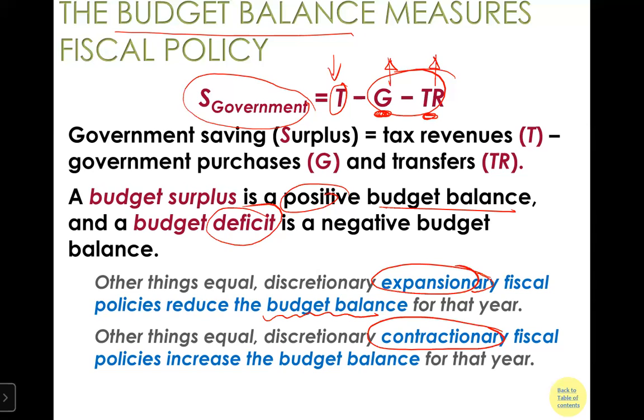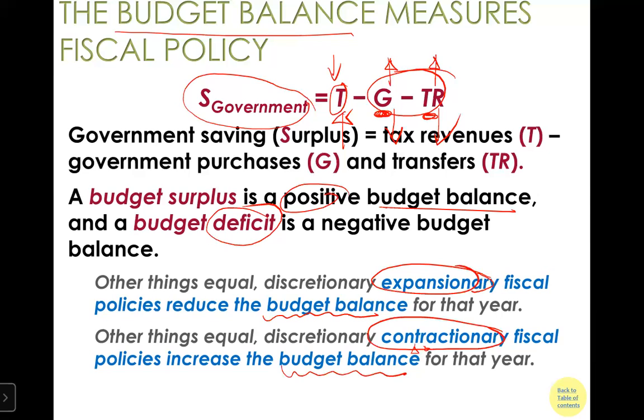On the other hand, a contractionary fiscal policy is going to make our budget balance look better. Why? A contractionary fiscal policy will increase tax, decrease government spending, and decrease transfers. So that's going to make the government's budget better, right?